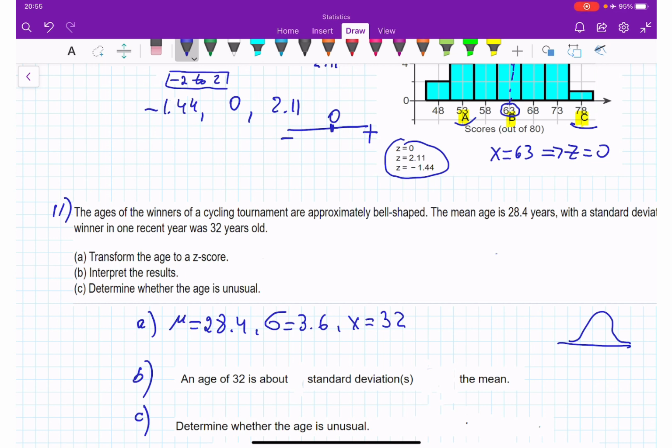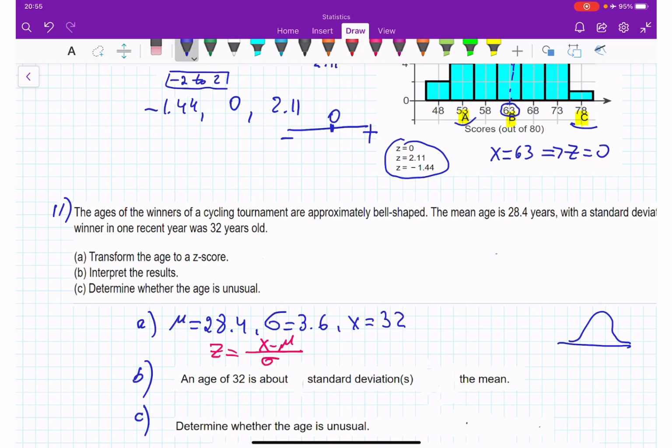Okay, we need to transform these to z-score. The formula for z-score is z equals x minus mu divided by sigma.